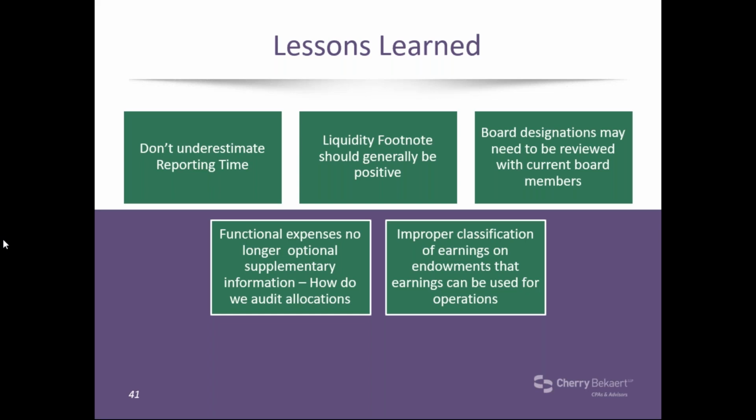Also, some other thoughts: look at the training of your staff. Beyond the CFO and the controller, are your staff accountants aware of the change that's coming in? Make sure they understand the changes and the different vernacular that will be used going forward.